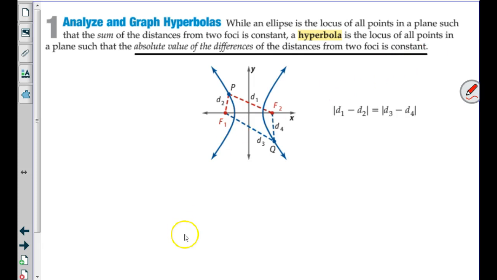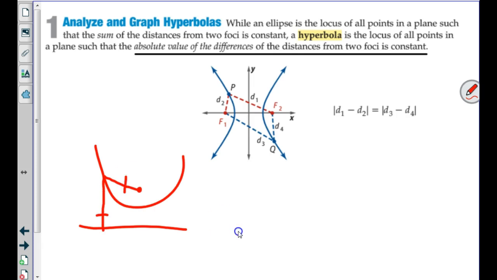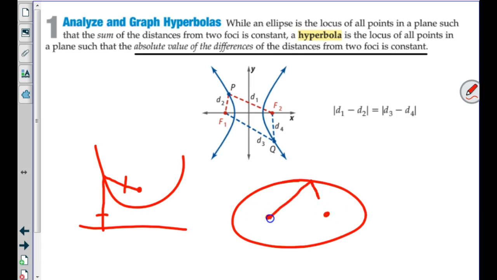Remember the parabola definition was all the points the same distance away from this focus as they are from this directrix. These were equal. And on an ellipse, it was the string thing. The string stayed the same length. If you added x and y together, it was always the same no matter where you were.